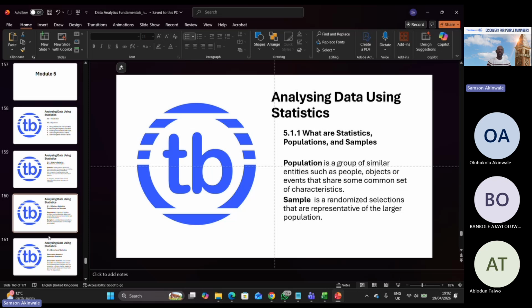And for a particular type of statistics, you are expected to study the entire population before you can make any summarization or evaluation or any suggestion about the data sets.